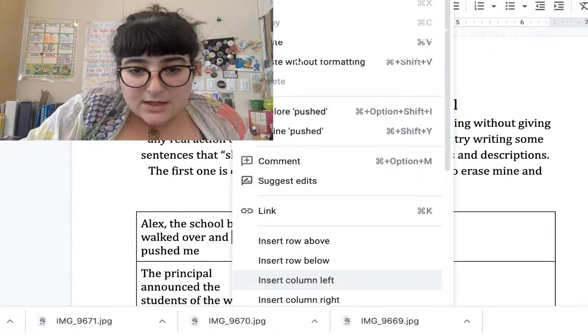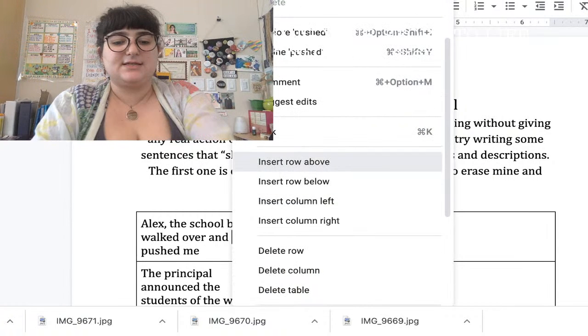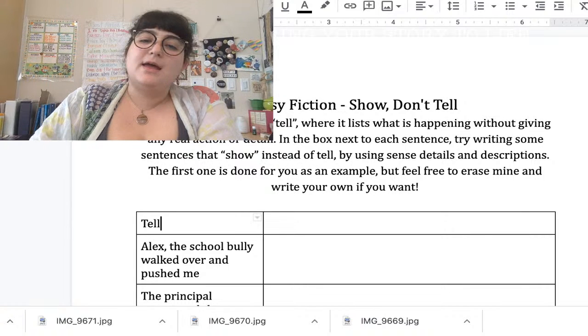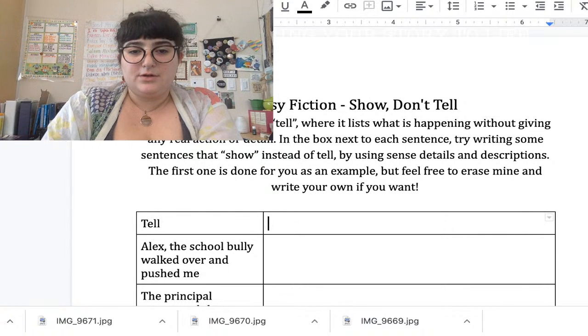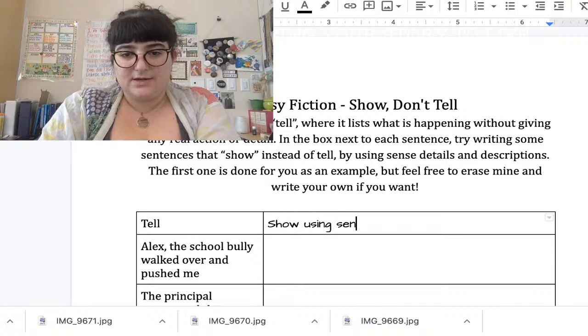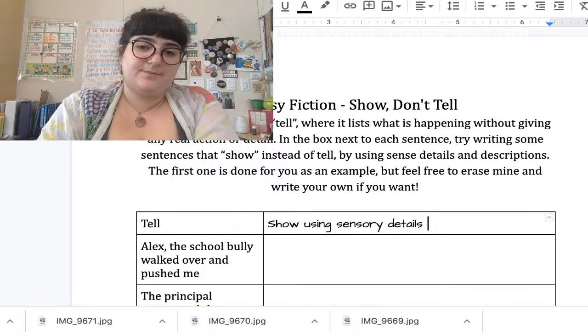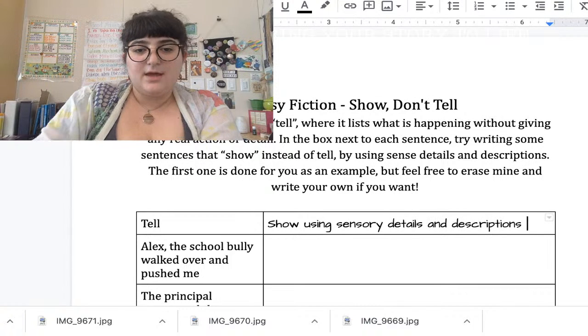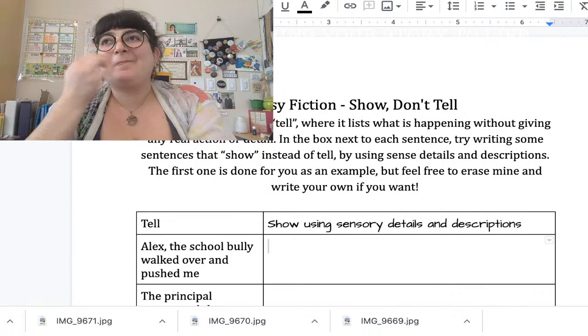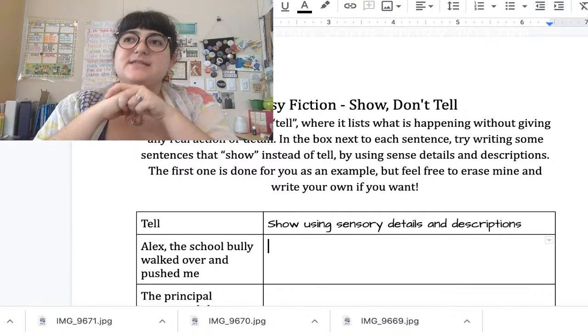I am going to insert a row above because I want to say that this is the tell column and this is the show using sensory details and descriptions. So first I need to put myself in this scene.